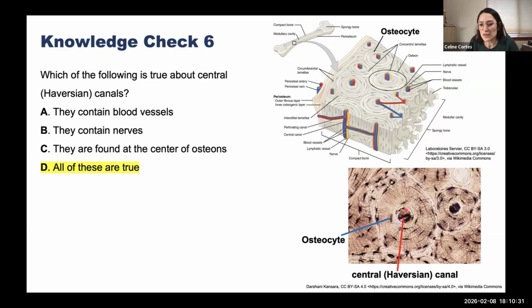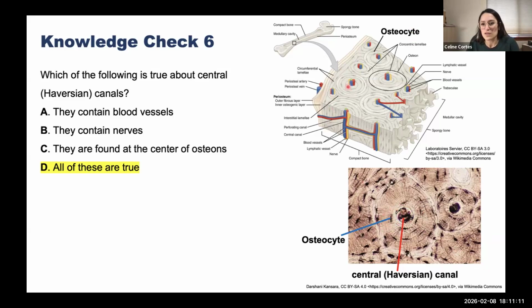That's an important part of making sure that bone can get the nutrients it needs, and also has a mechanism for detecting things like injury and repair. Osteocytes are also involved in that process. They can help detect whether something has happened to bone, and they can signal and communicate with other cells to say, hey, we need to make some repairs, and recruit other cells to take care of that.